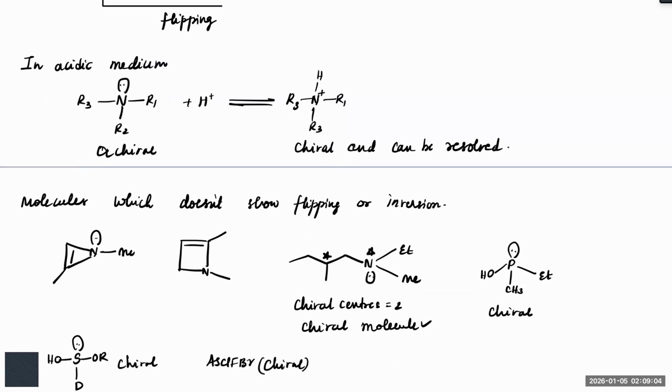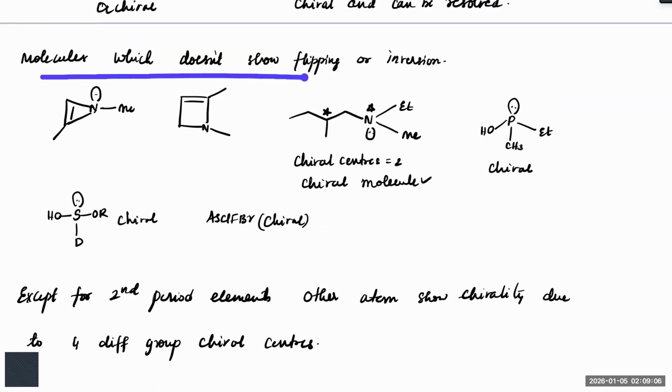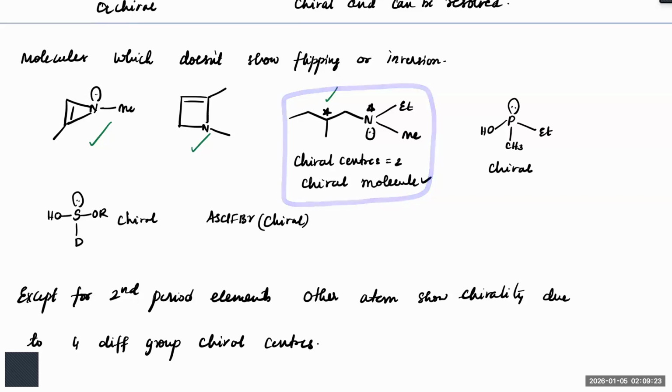Okay. Next, molecules which do not show flipping or inversion. See, definitely a three-membered ring will not show, a four-membered ring will not show, correct? Here, because of this, you are seeing that there are two chiral centers, but it is a chiral molecule. But flipping is observed with respect to nitrogen here.